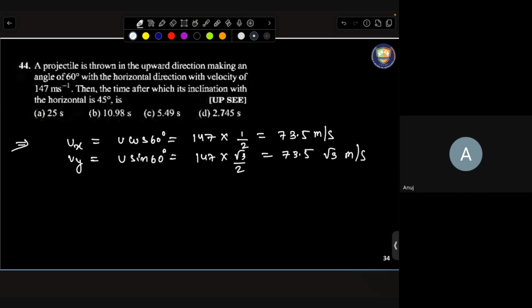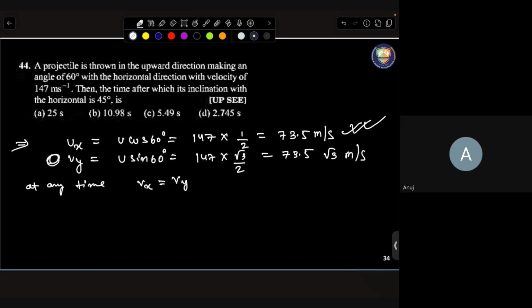Okay. Now, when the Vy and Vx components are at a 45 degree angle, that means at any time, if the angle is 45 degrees, then Vx has to be equal to Vy. And this won't change.